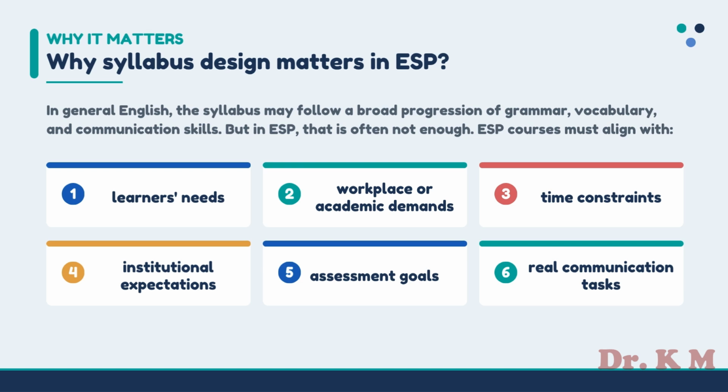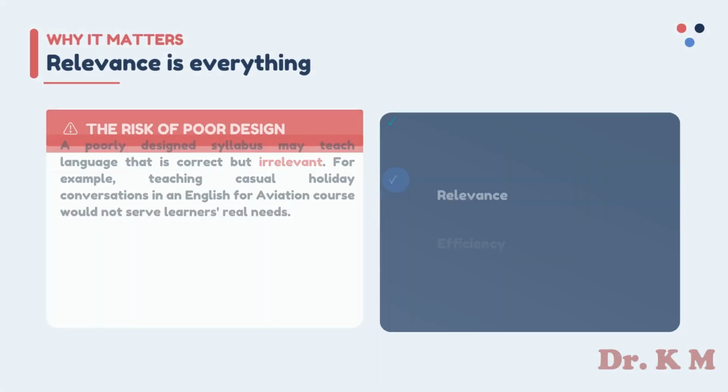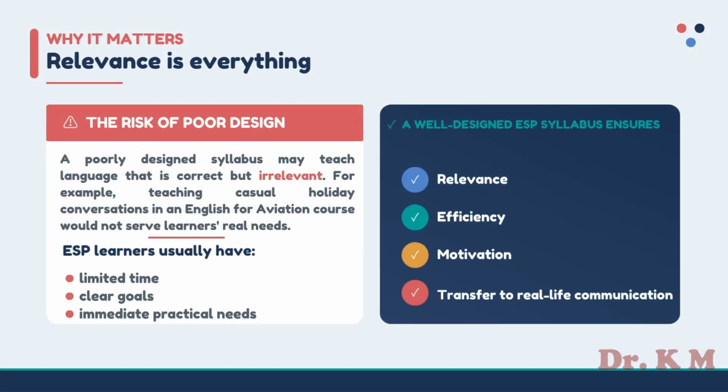ESP courses must align with learners' needs, workplace or academic demands, time constraints, institutional expectations, assessment goals, real communication tasks. A poorly designed syllabus may teach language that is correct but irrelevant. For example, teaching casual holiday conversations in an English for aviation course would not serve learners' real needs.